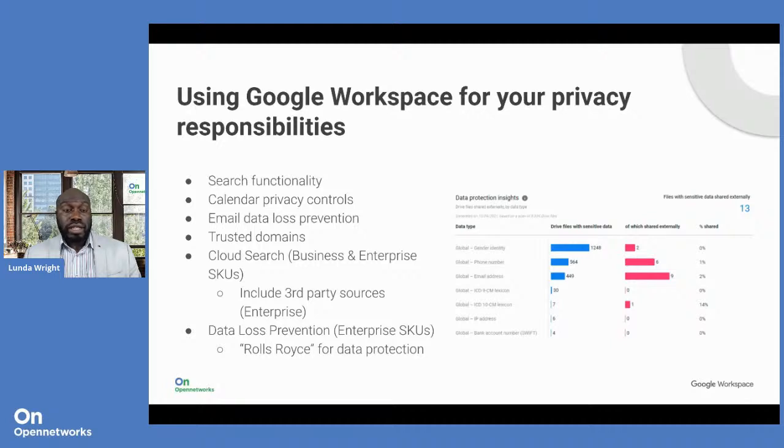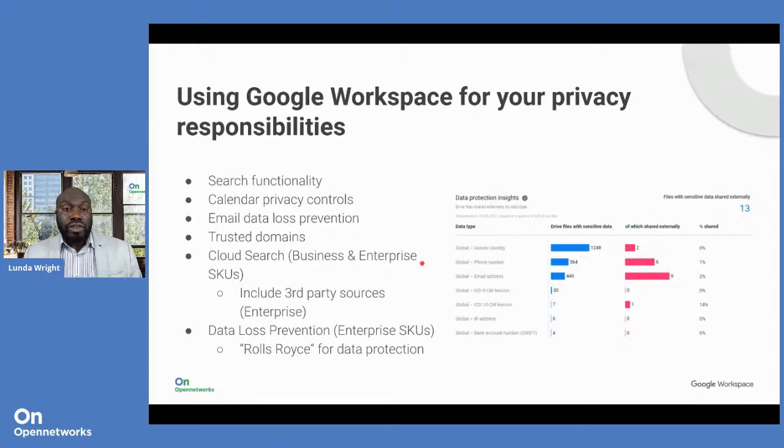You can do things like create trusted domains where you can have dedicated easy links between yourself and other organizations, so that you can make the transmission of information rather seamless, but to the exclusion of other domains, so that your employees cannot share private information with domains that do not have the proper authority to do so.